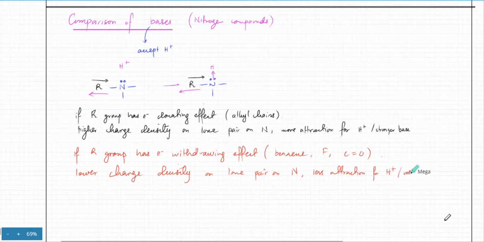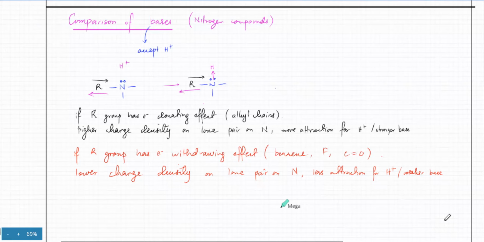And it's going to be a weaker base. So that's the main idea. It's exactly the opposite of what made a strong acid and what made a weak acid. It's exactly the same idea.